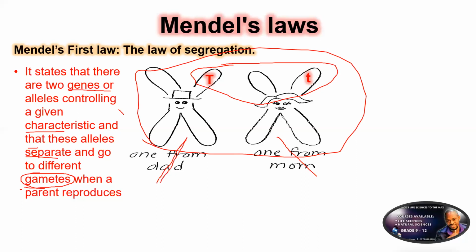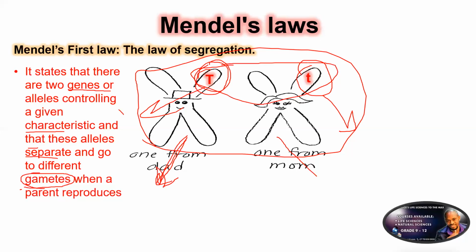If they had aligned themselves at the equator, during anaphase, they will separate. That's the separation Mendel is talking about. And notice here, as the chromosomes are separating, it is also the genes or the alleles that are actually separating. Or otherwise, as the alleles are separating, it is actually the chromosomes that are separating.